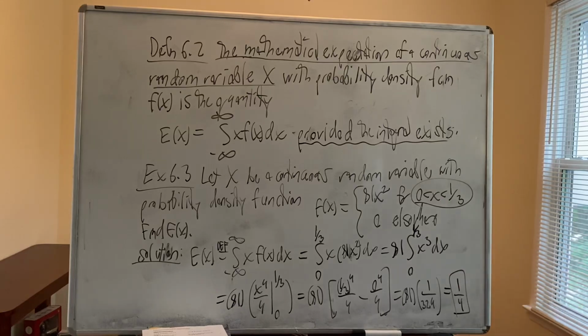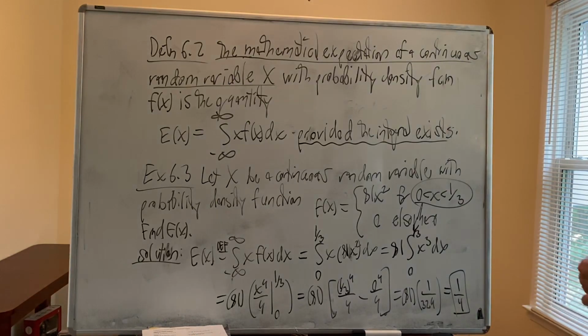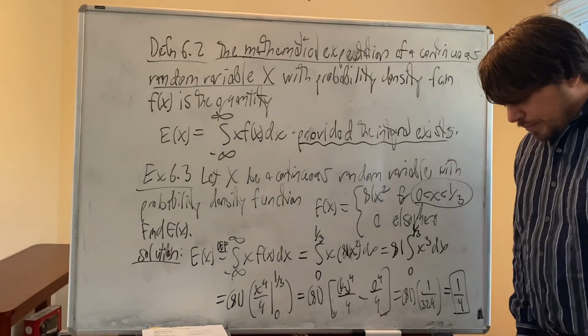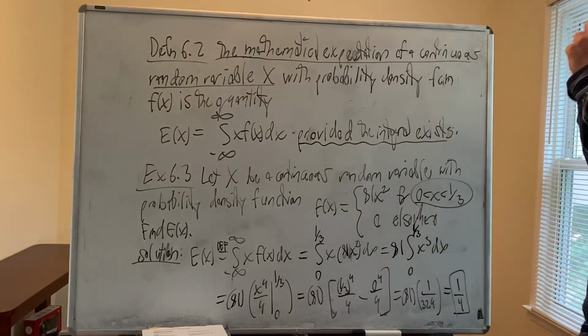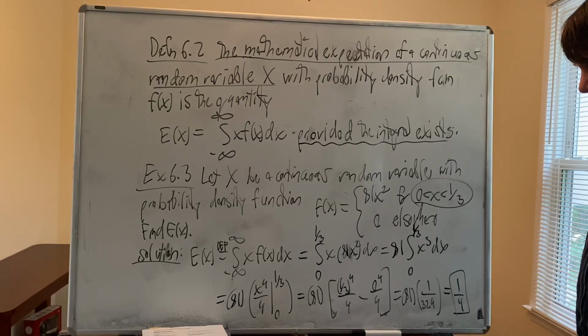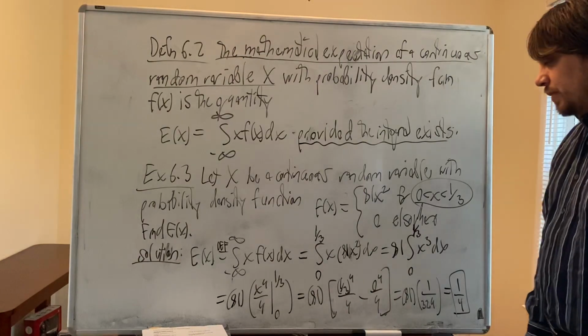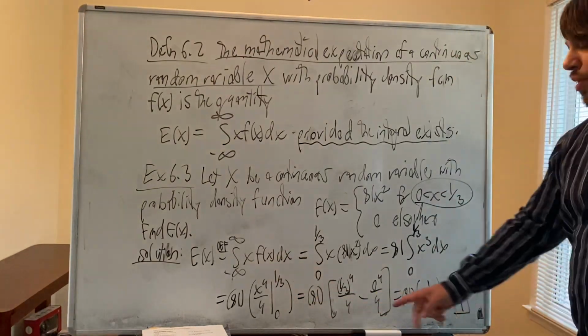Okay, so I wrote out all the steps here. That's example 6.3. Again, this is the only place where the integrand is non-zero, and so I restricted.